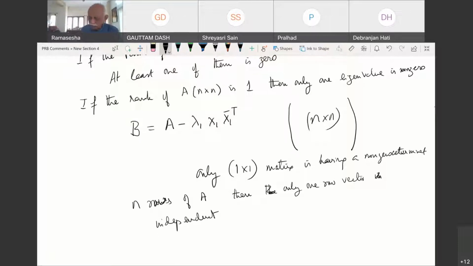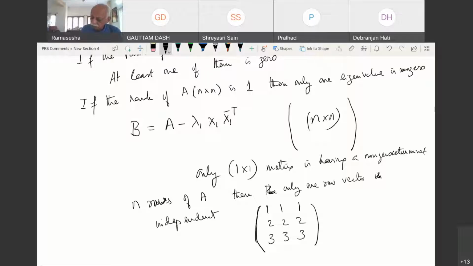Okay, so for example, let me take the following matrix: 1 1 1, 2 2 2, 3 3 3. Now tell me, what is the rank of this matrix? One. Rank is 1, right?